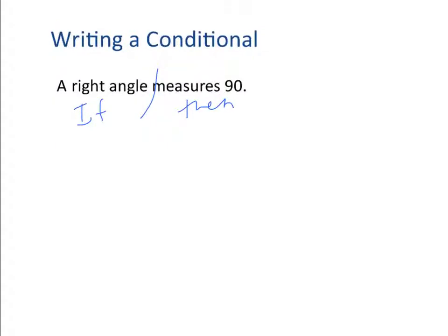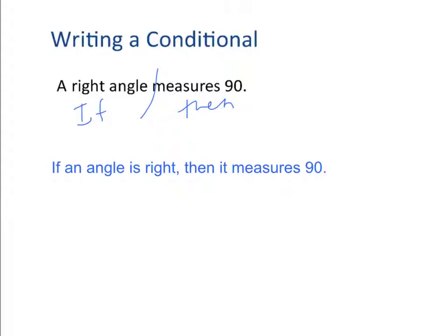If an angle is right, then it measures 90 degrees. That is grammatically correct, and it makes sense, taking the sentence, a right angle measures 90 degrees, and making it conditional.